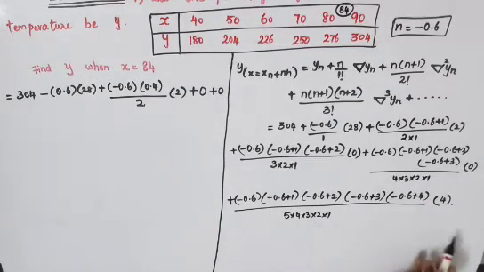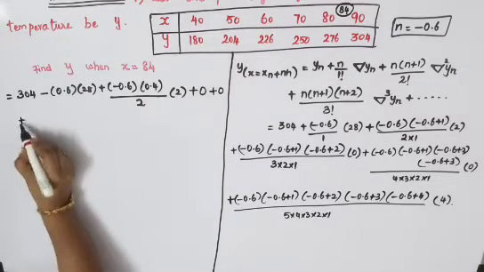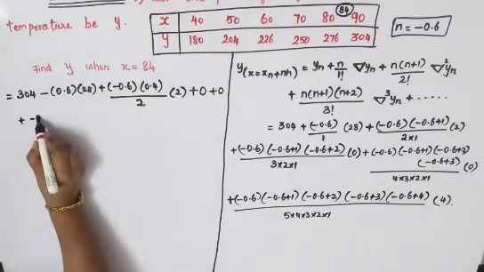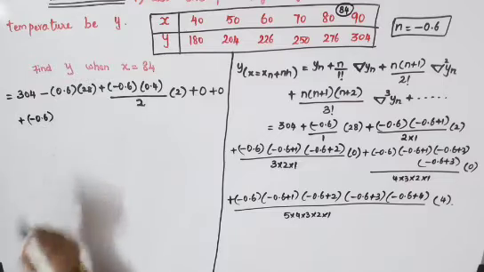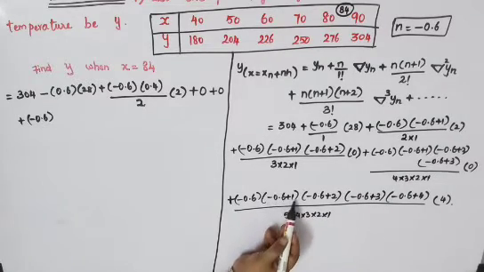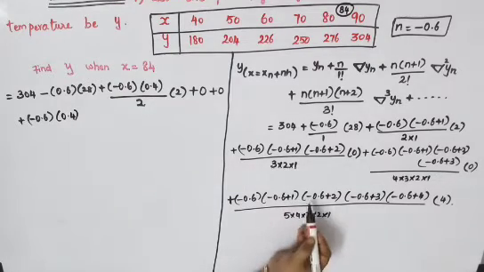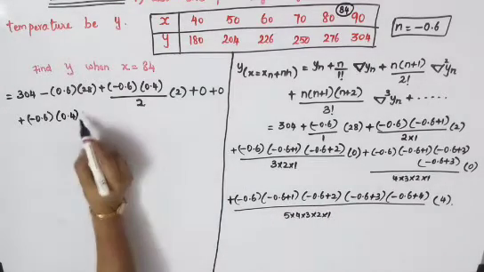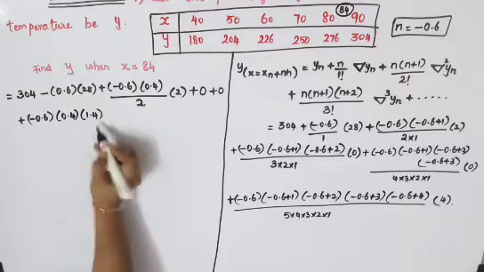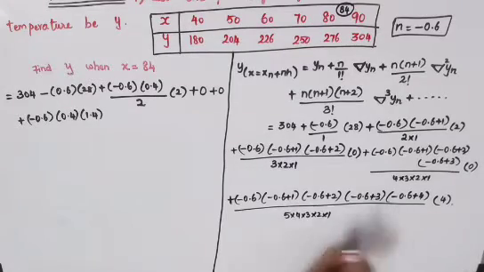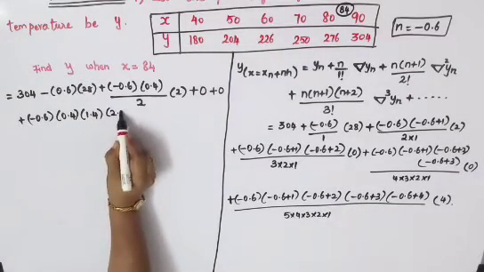Then going to your sixth term, plus minus 0.6. So minus 0.6 plus 1 will become 0.4. Minus 0.6 plus 2 will become 1.4. Minus 0.6 plus 3 you will have 2.4.